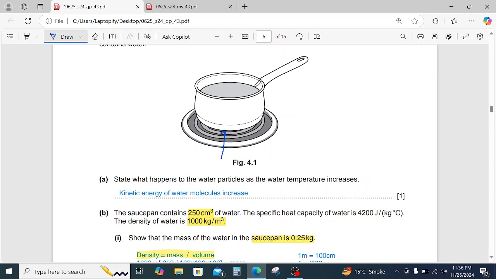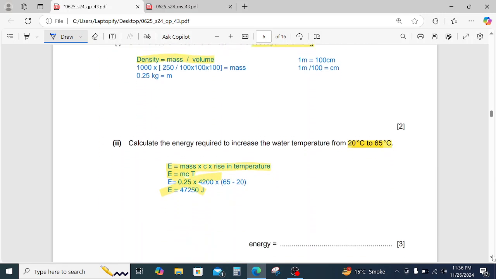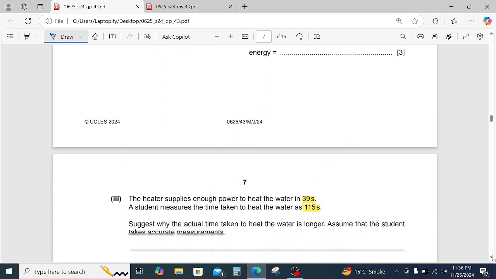And the outer surface of the saucepan is open, meaning there is no lid, so heat is also lost from the water to the surroundings. That is why we need more time, and why there is a big difference between 115 and 39 seconds.